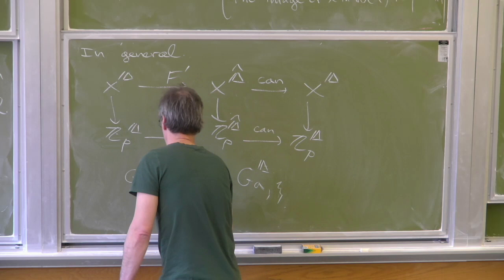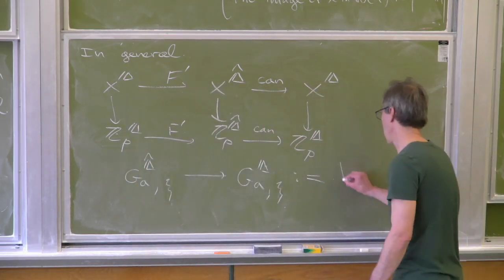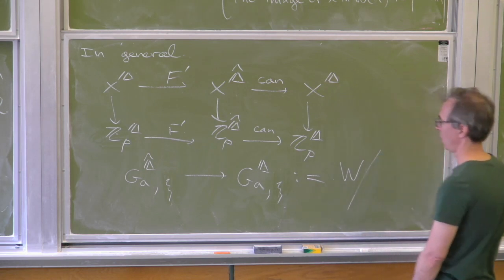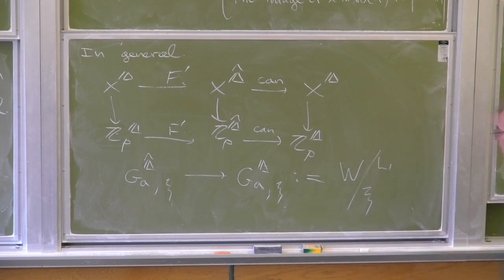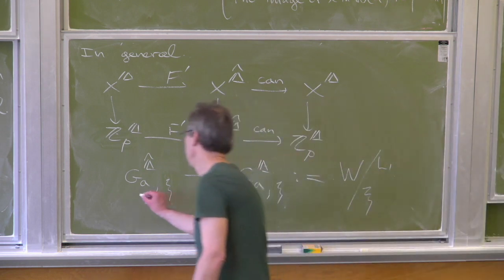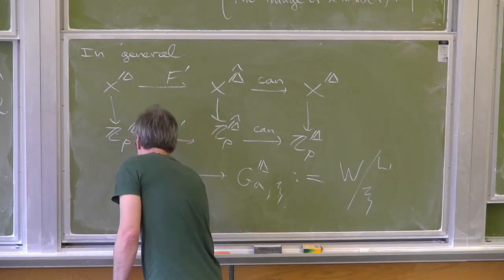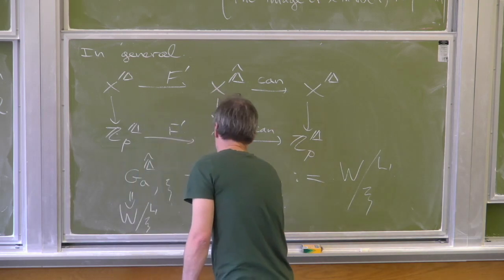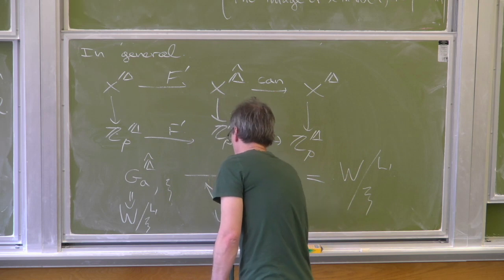The usual prismatization of G_a is by definition W mod C. You just replace the W check by the usual ring of Witt vectors. And this is W check mod C. And this map comes from the map from W check.